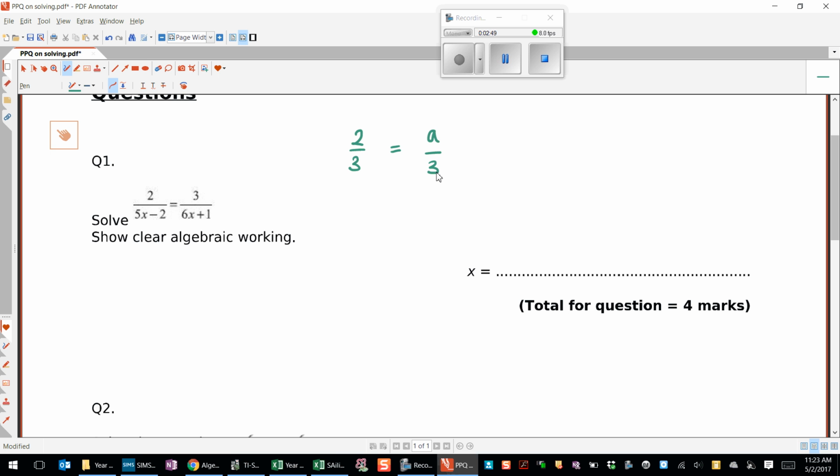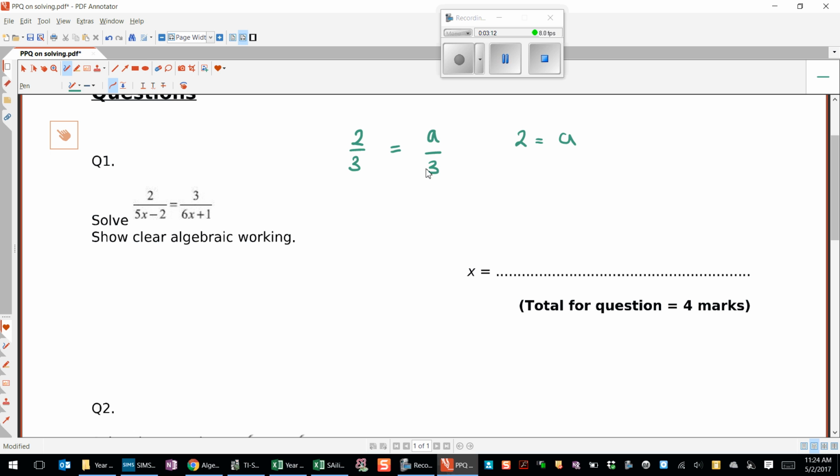So could I go from that and just write 2 equals A and not write the 3's? Now, have I done anything with the 3's? No. I've just decided that they're not part of the problem anymore. I don't need to worry about them. I'm trying to solve the bit I'm trying to solve.